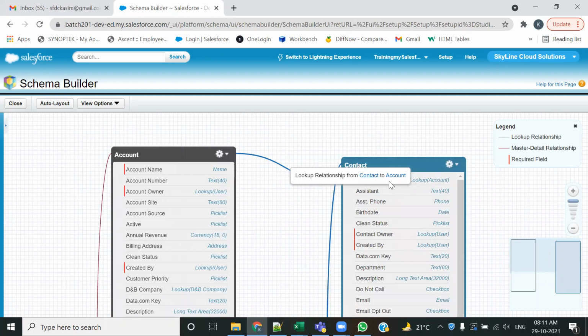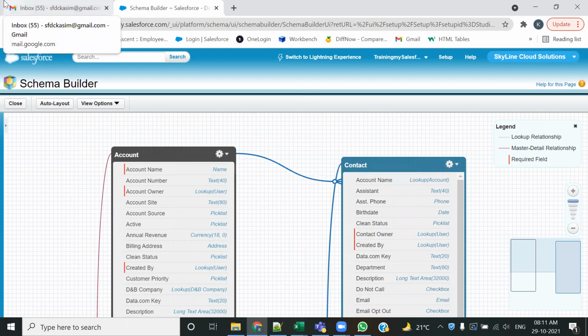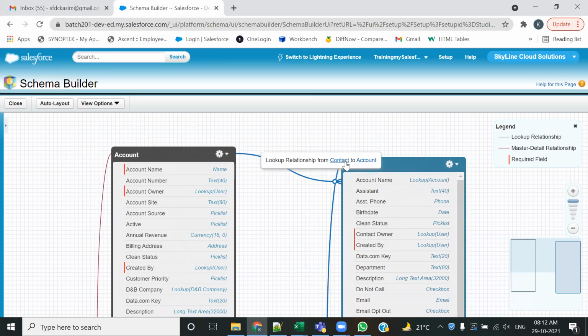But see the names of the objects. Here the first name is contact and the second name is account. So whenever we are describing the relationship, it must be pronounced so that we first say the name of the child, then the name of the parent.